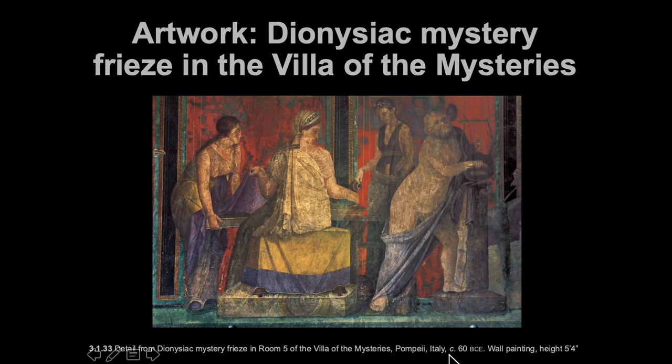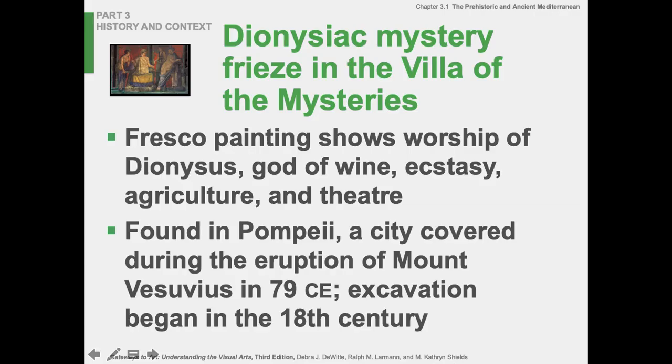And as Christianity is taking hold in certain areas, these artisans that know how to do the grape leaves and so on, they get employed to do Christian mosaics and frescoes, and they use some of the same imagery. It's kind of interesting. Okay, so this city was covered during this eruption in 69 CE, so 19 years, we think, after this painting was made, that it gets preserved.